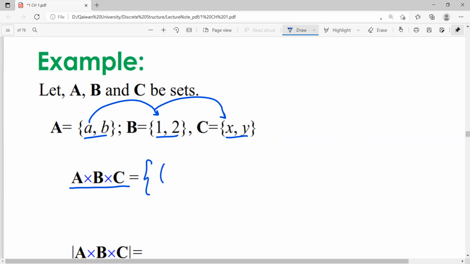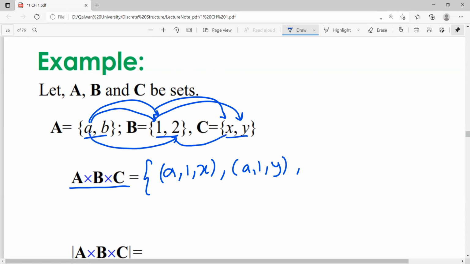So you have 3 elements in each pair, I mean in each bracket. (a, 1, x), then (a, 1, y), then (a, 2, x), and (a, 2, y).